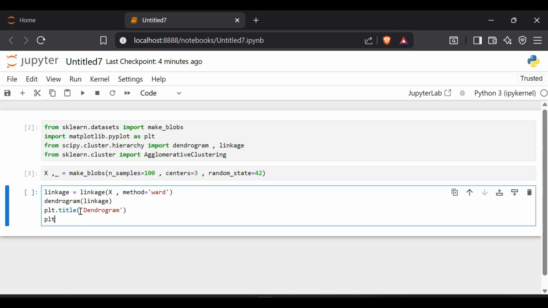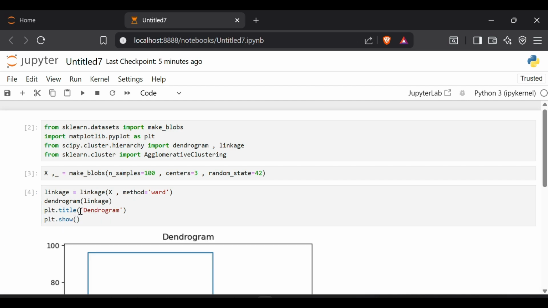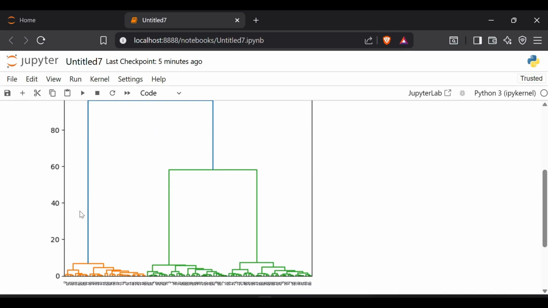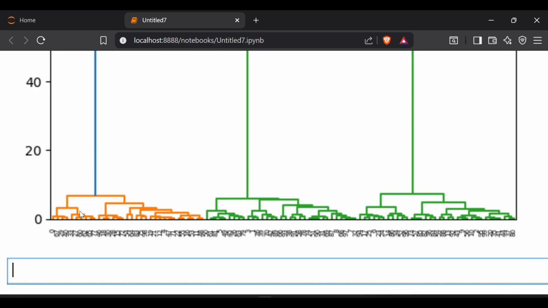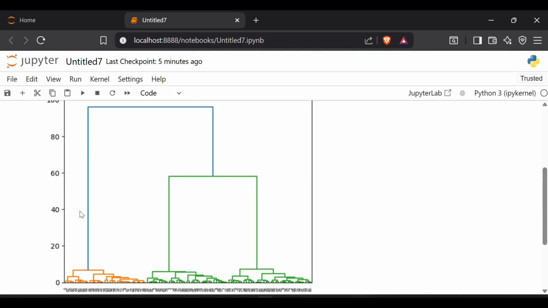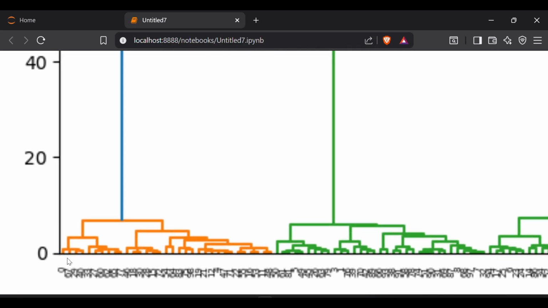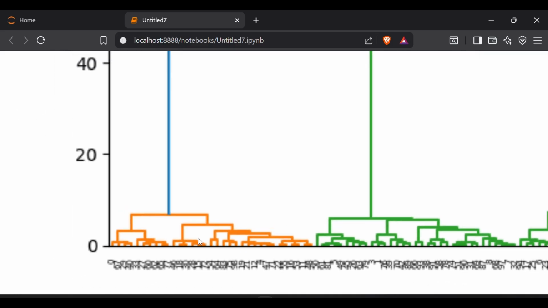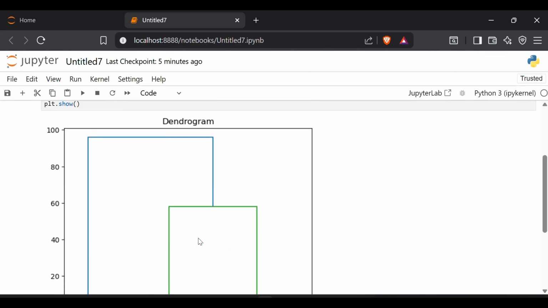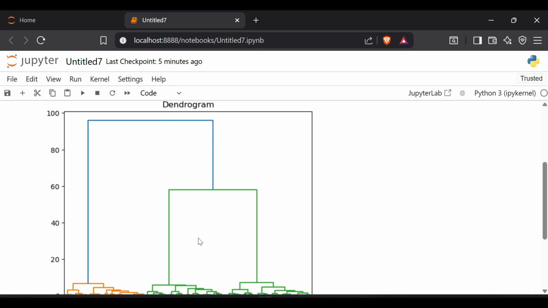So plot dot show. So see here, it has created the dendrogram. Just analyze this. Here some small data, and with adding this up we have created one cluster, and then from creating it to the bigger one. So this is how it looks like.